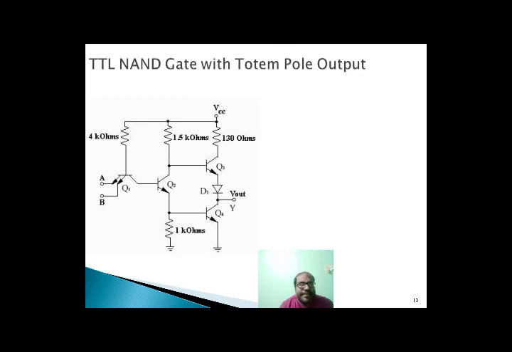The TTL NAND gate with totem pole output uses a totem pole arrangement of Q3 and Q4 with a diode D1. It helps the output be high when both the inputs are low or any one of the inputs is low. We get the output high, and when both the inputs are high, the output will be low.